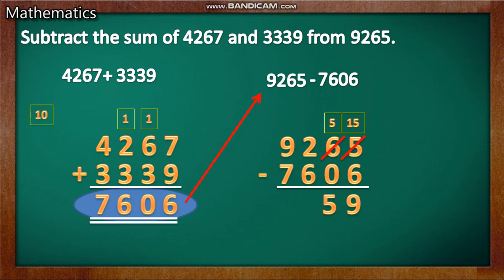Now let's go to the hundreds place. That is 2 minus 6. Can you subtract? No. What is the reason? 2 is less than 6, so you can't subtract 6 from 2. Then what will we do? We have to borrow 1 from the next place, from 9.